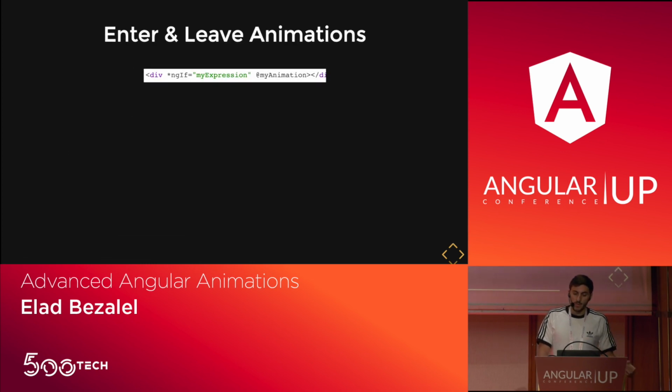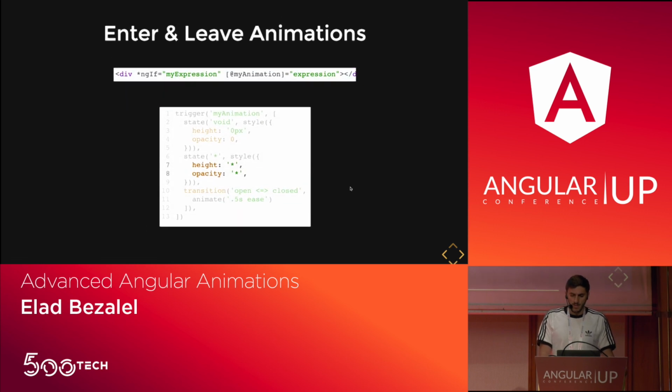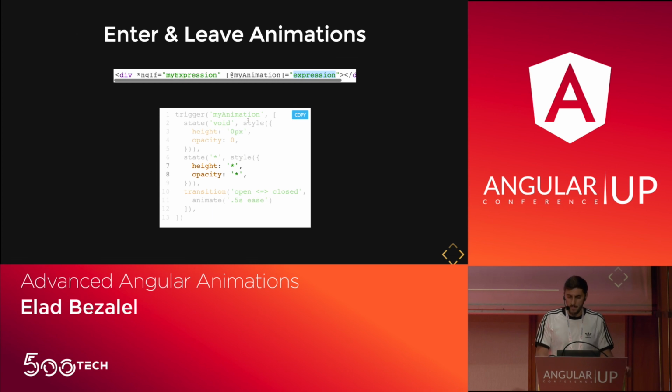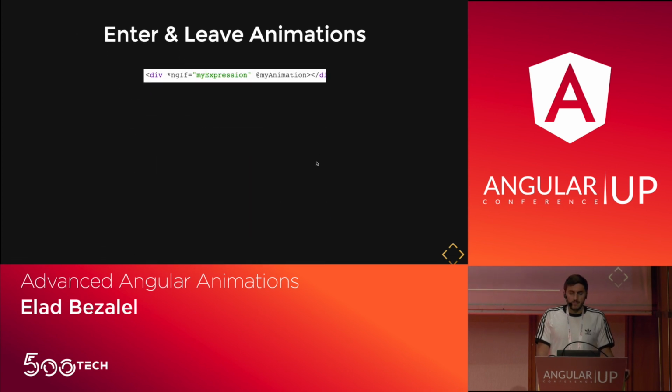Okay, and there's another way to do it, because if you take a look here, we have an expression which is saying, which state are you? But why do I need it? I mean, I only want to animate enter and leave.